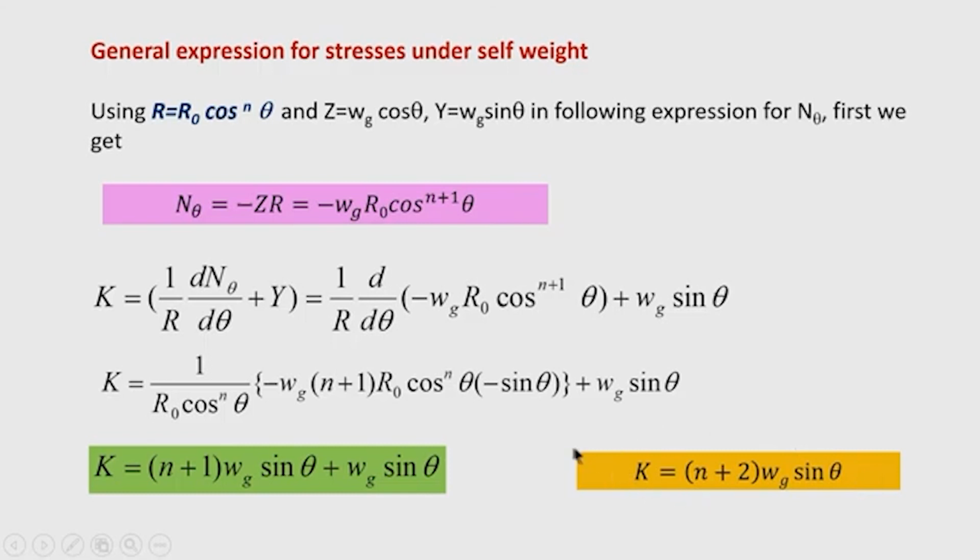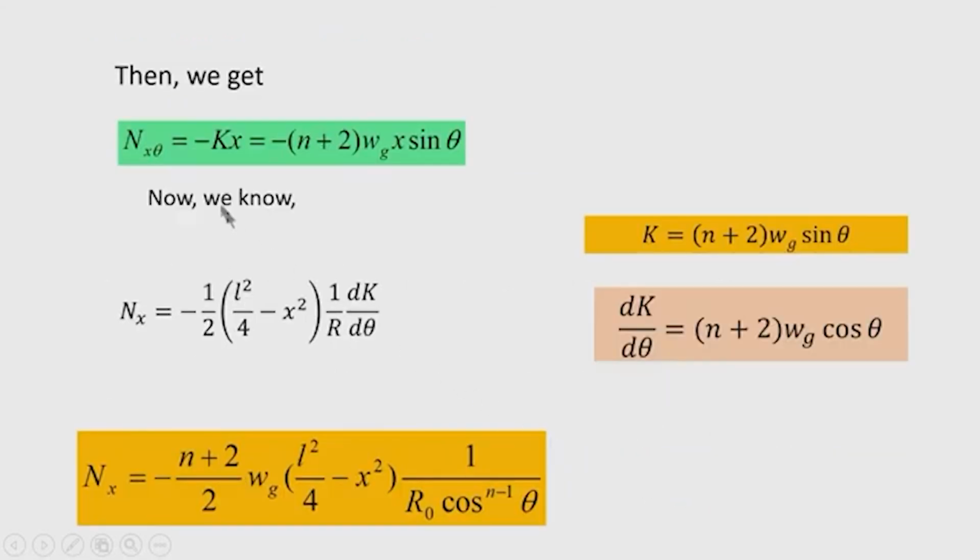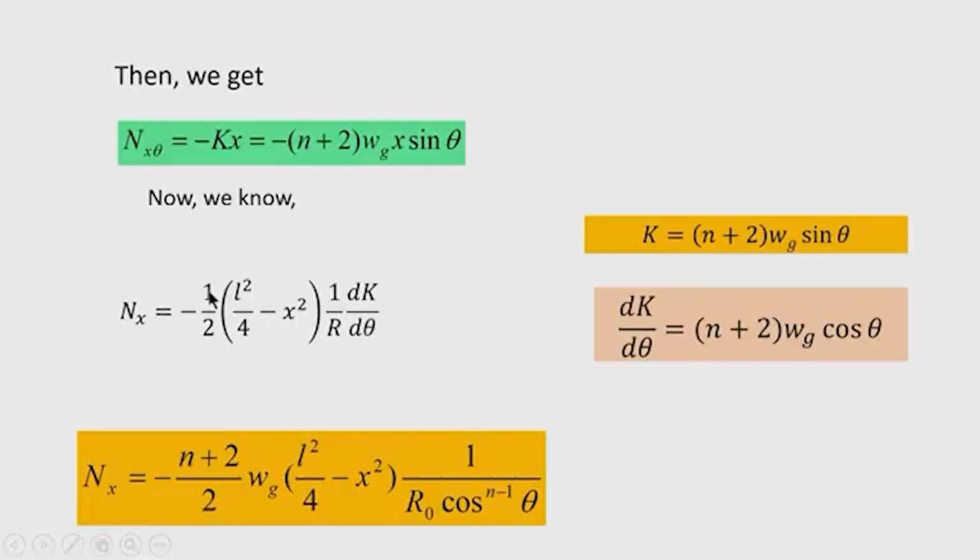So, once you find k, now you can find Nθx. So, Nθx is equal to minus k x, equal to minus n plus 2 w g x sin θ. Then we come to the Nx, the longitudinal membrane stress, that has to be found. The expression for longitudinal membrane stress for a simply supported shell was derived as: Nx is equal to minus 1 by 2 into L square by 4 minus x square into 1 by r dk by dθ.